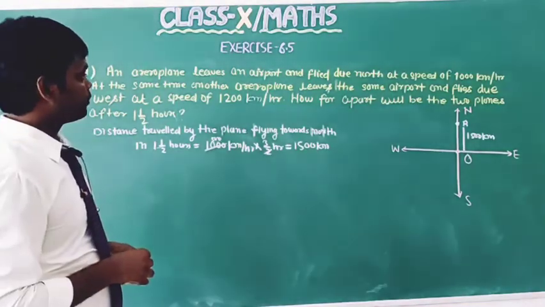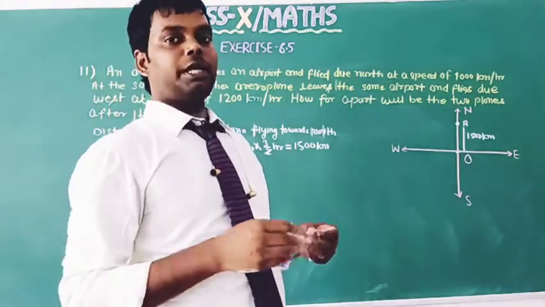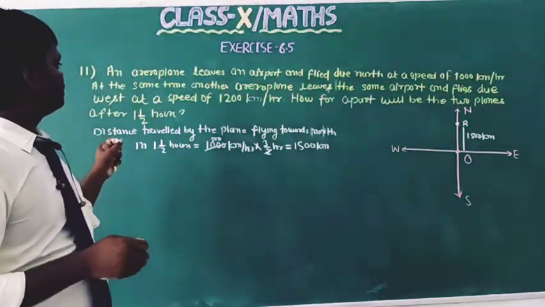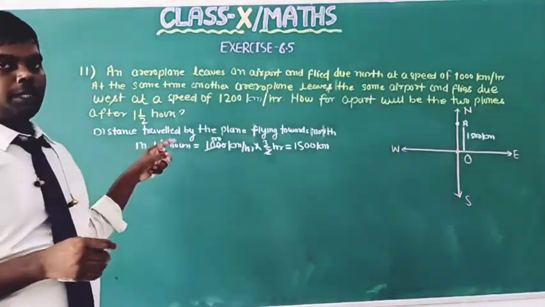And similarly find the distance when the airplane moves to the west at the speed of 1200 km per hour.